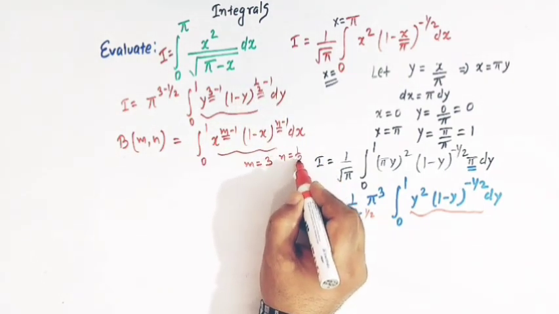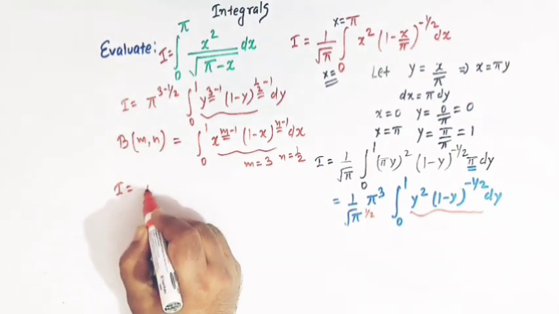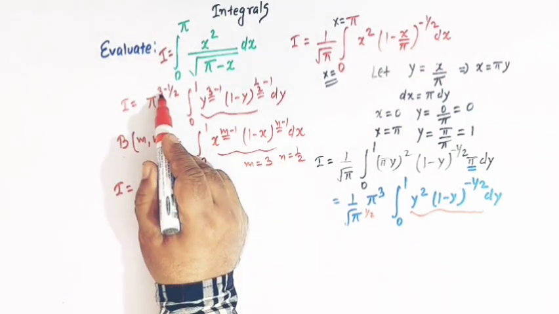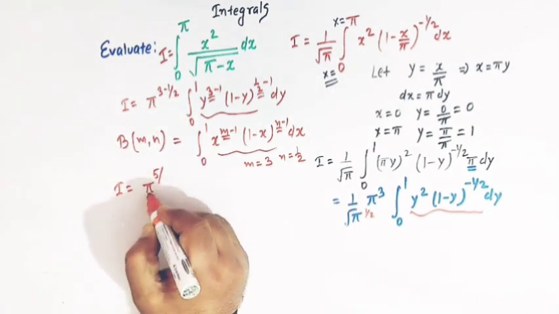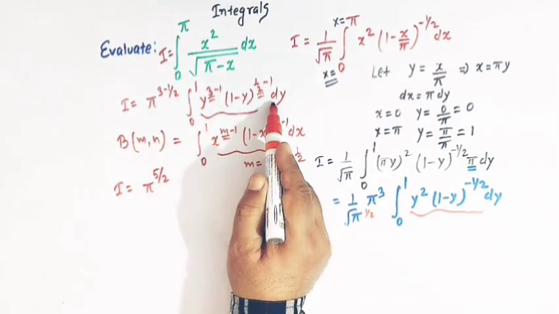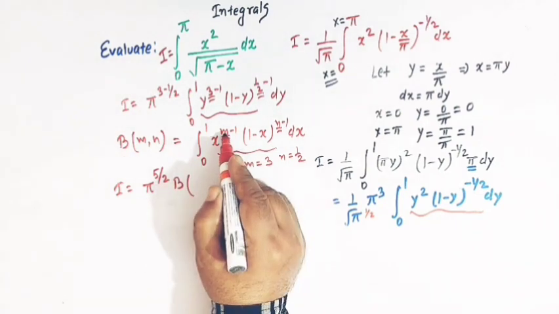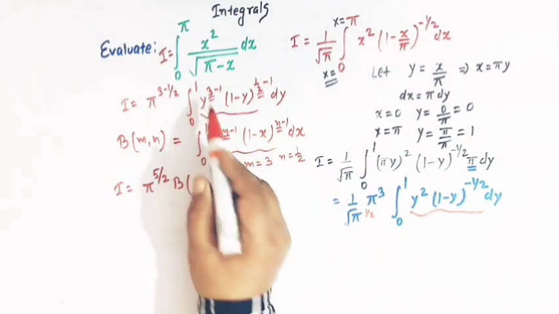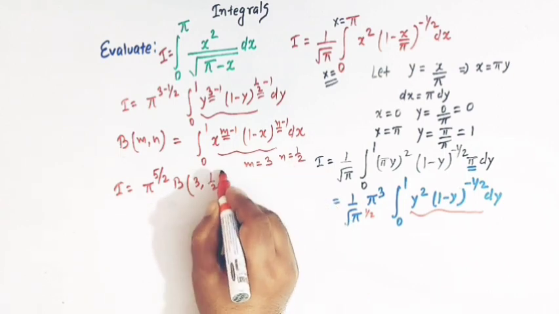So n is half. So now we have I, pi raised to 6 minus 1, 5. So we have pi raised to 5 by 2, and this integral is now written as beta, and here we have mn. So m is 3 and n is half, right?